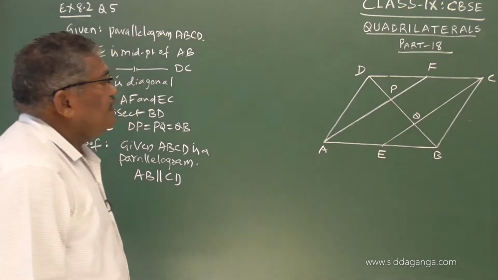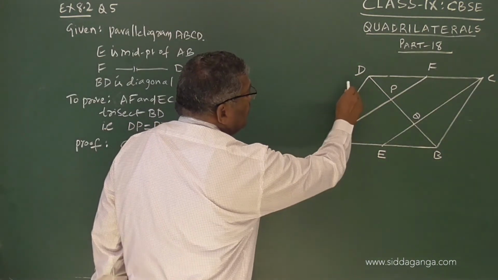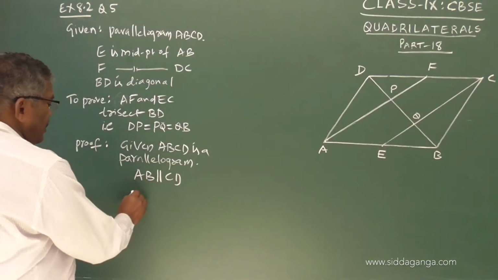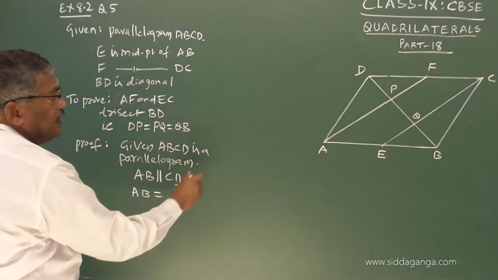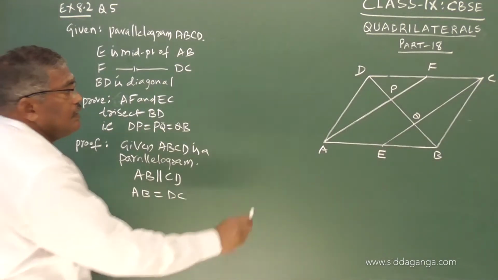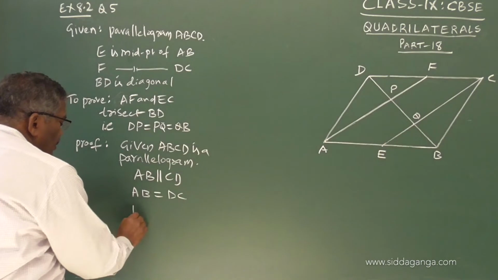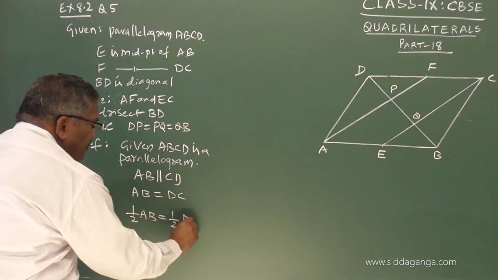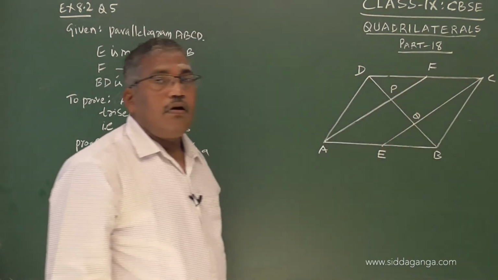Now, see, it is also given, because it is a parallelogram, AB is equal to DC. So AB is also equal to CD. And since these two are equal, half of AB must be equal to half of DC.